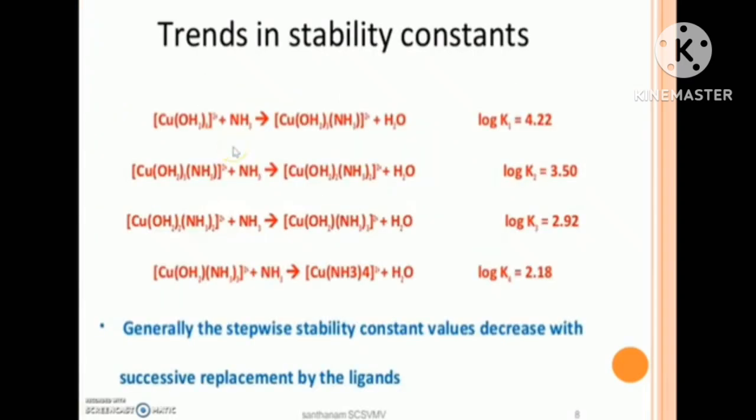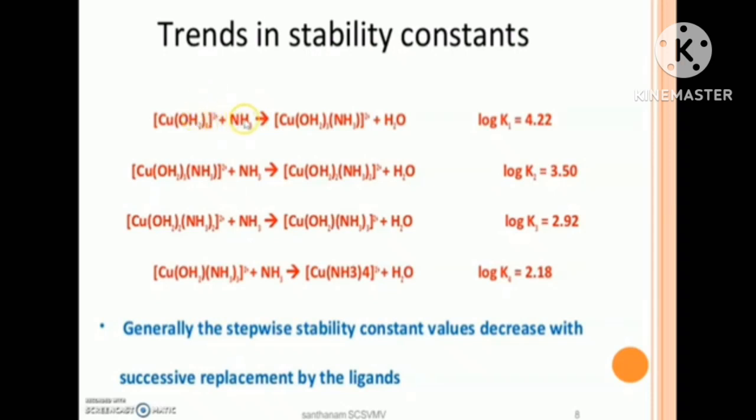Let us take an example. [Cu(H2O)4]2+. Here the complex is [Cu(H2O)4]2+. Here the NH3 ligand replaces each water molecule in each step.